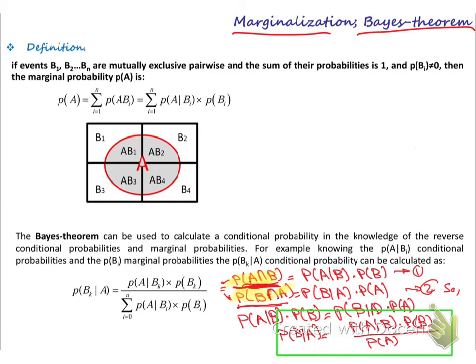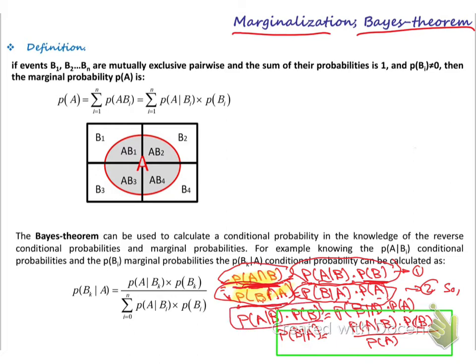The probability of A intersect B equals the probability of A given B times the probability of B. The probability of B intersect A equals the probability of B given A times the probability of A. Since the probability of A intersect B equals the probability of B intersect A, the right sides of the formulas will also be equal. So the probability of A given B times the probability of B equals the probability of B given A times the probability of A. So I just equate the two sides of the formula, okay?